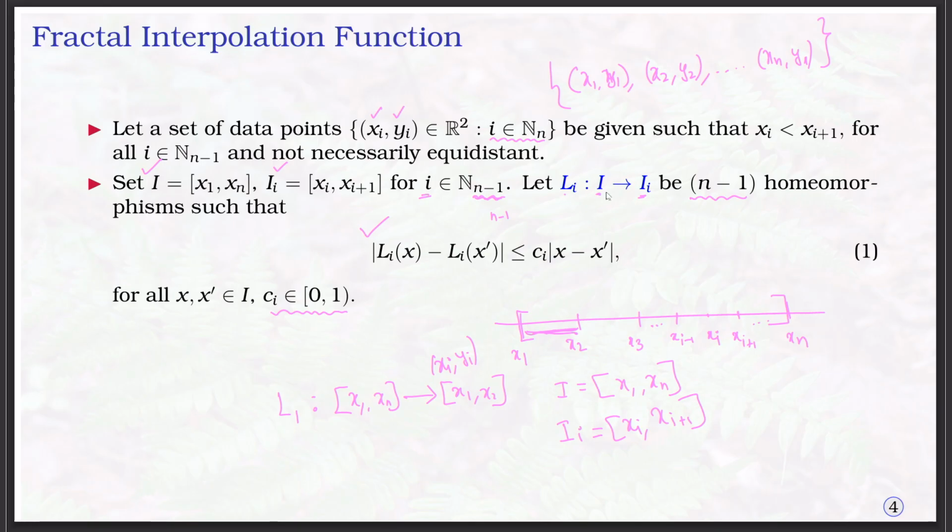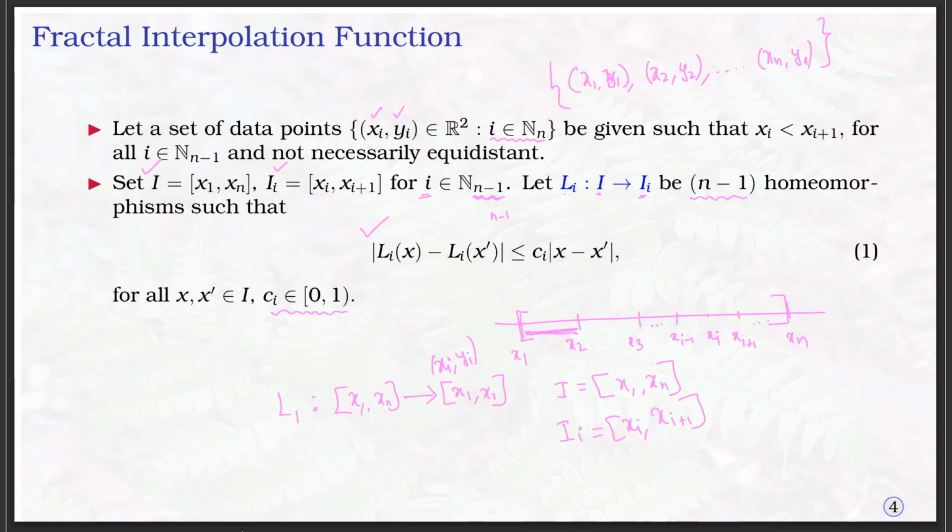Li from I to Ii is a contraction, therefore it will contract to the first interval, and it is a homeomorphism. So, it is one-to-one and onto, and Li is continuous. If you find the inverse of Li, that Li inverse is also a continuous function.